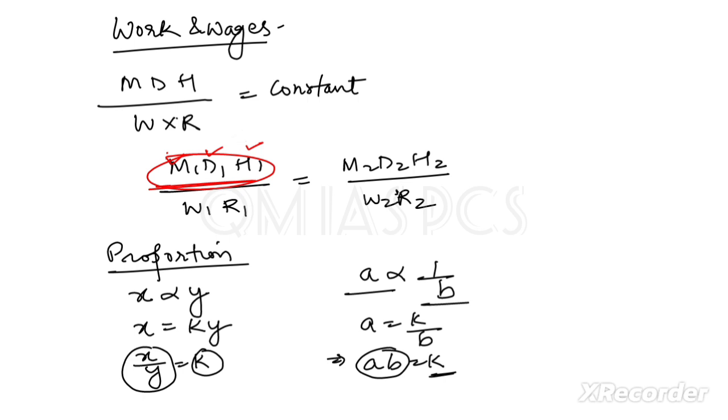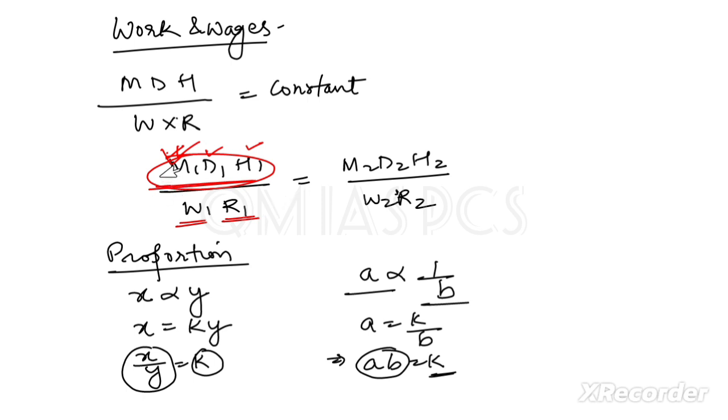Similarly, if the number of men is increasing, this W is work. If we are increasing the value of work, obviously we have to increase the number of men. And this R means rupee, that is wages.